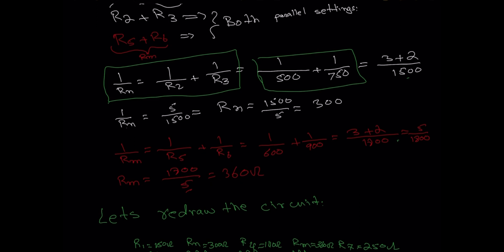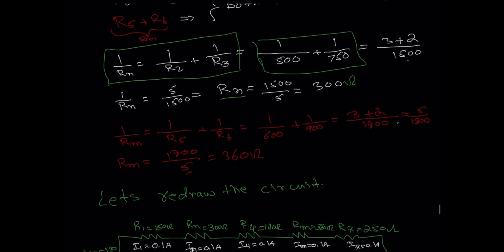Then you reciprocate them, flip them around, it will become Rn is equal to 1500 over 5, which will become 300 ohm. So Rn is 300 ohm.